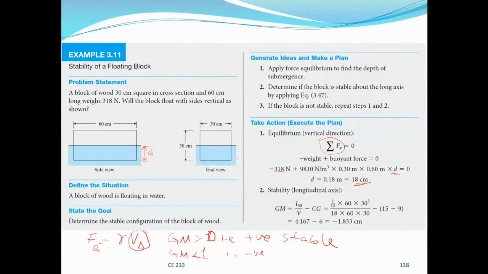It can be 0.5, and 0.5 is still positive. So the actual thing I should be using is not 1 but 0. Anything greater than 0 is positive, anything less than 0 is negative. So if it is less than 0, that is negative, the body is unstable.